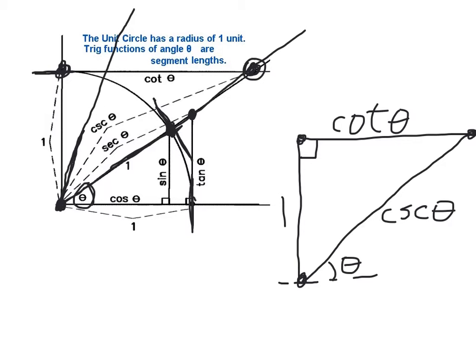Tangent theta would be fairly large, but then cotangent of theta would actually just be this right here. So as one gets bigger, the other gets smaller, and that's your reciprocal, cotangent being 1 over tangent. But geometrically, we could draw lots and lots of different pictures, lots of different right triangles, representing different values of that angle theta.